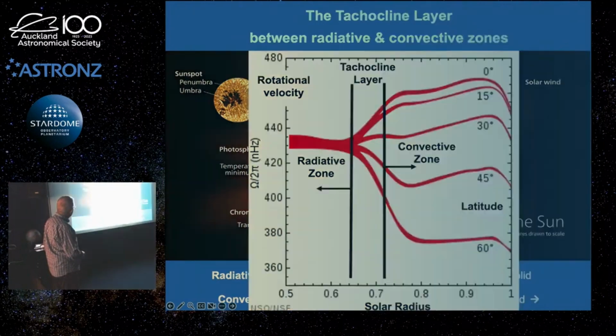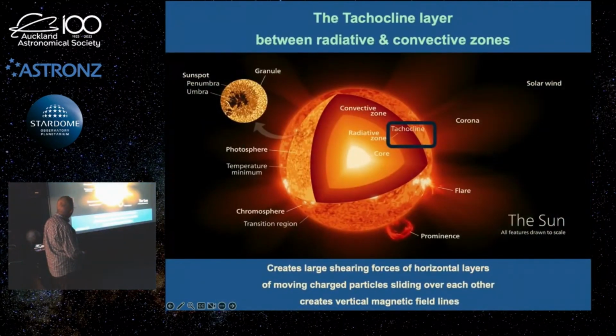Okay, so that illustrates the point of this tachocline layer. The importance of the tachocline layer is that you've got that radiative zone going around uniformly, but overlying it at different latitudes you've got charged particles going over the top of charged particles at all different velocities. Not only does it create shear forces, but different shear forces as well.